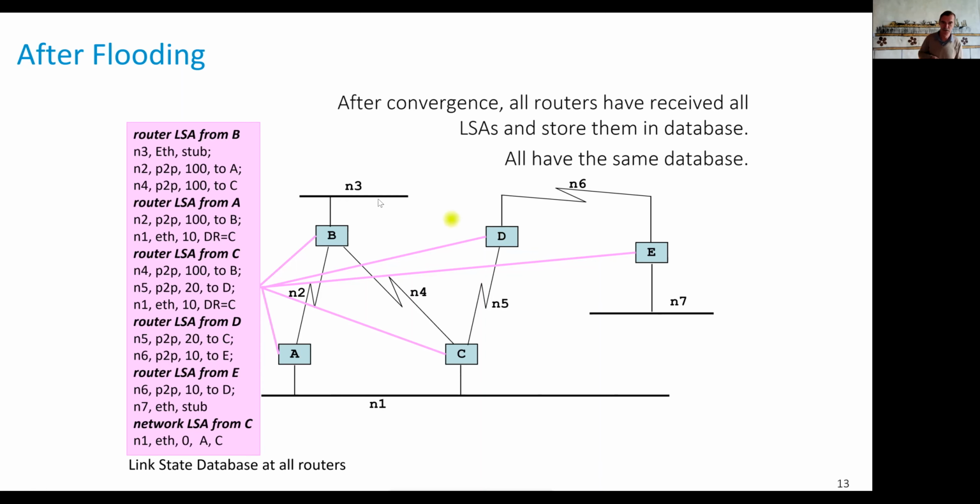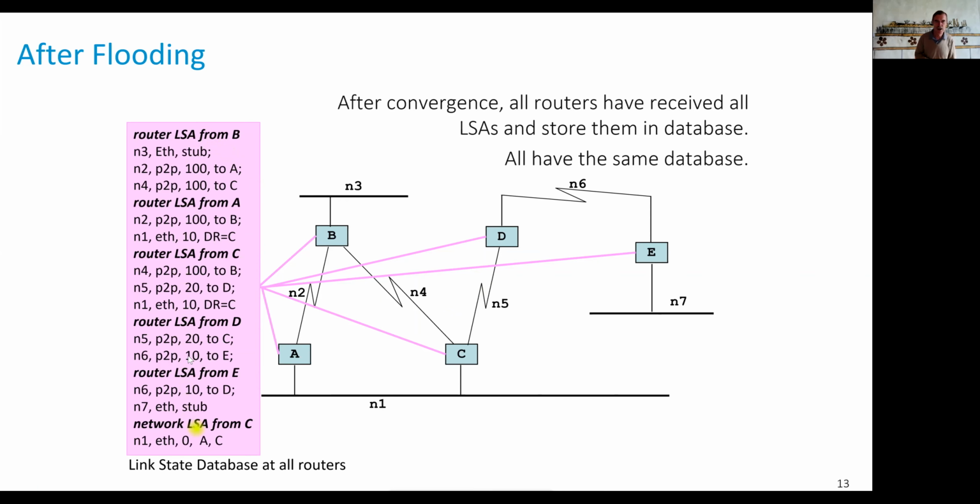This is why this method became popular only once processors and memory became powerful. So at the end, all routers will have the same information, which is shown here. That's the link state database, which will be the same in all 5 routers.